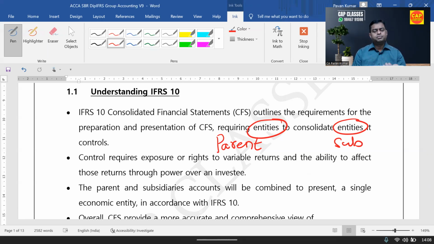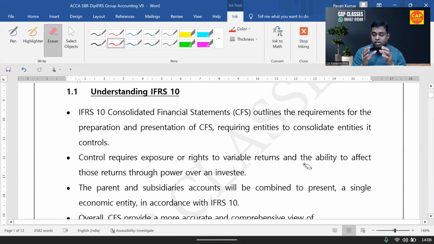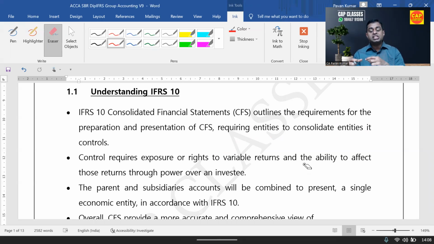Now, what is a parent? What is a subsidiary? When can I say that the other company is my subsidiary? All these things will come in due course. But first, try to understand it is the responsibility of the parent company to consolidate the financials of the subsidiary company, because IFRS 10 is casting the responsibility on the parent.